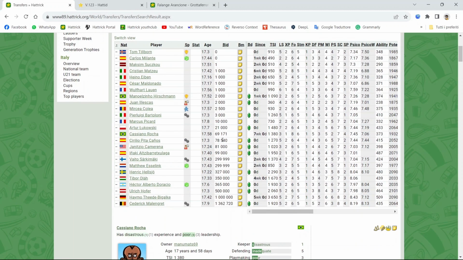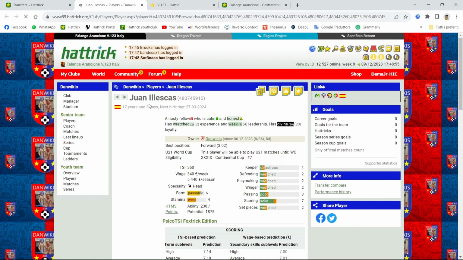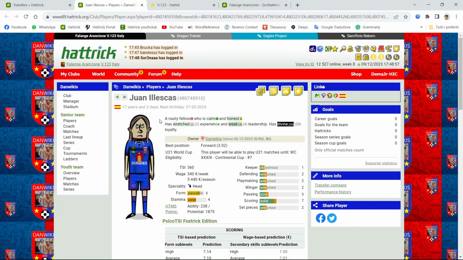This is an easy way to go directly to the player, maybe with a good specialty, I want a head player, and I will go directly to the player's page. This is really quick, and for me it's really useful to be quicker in the transfer market to find the best player possible.